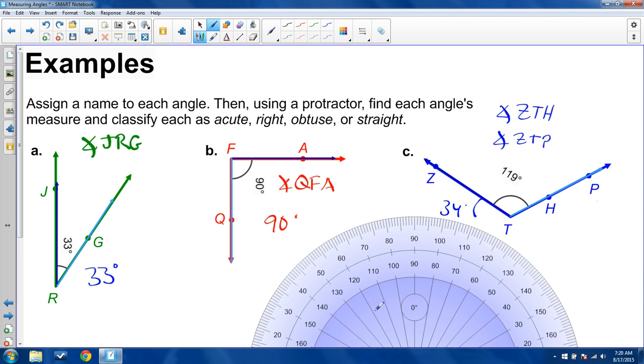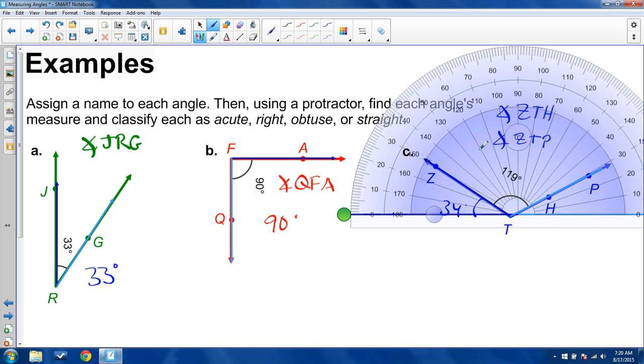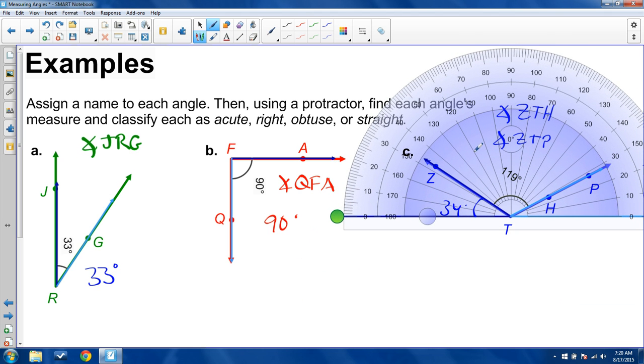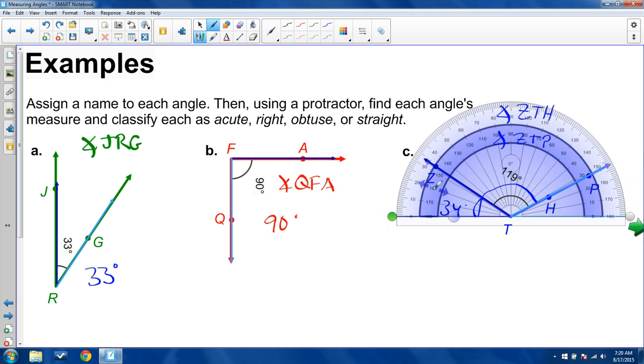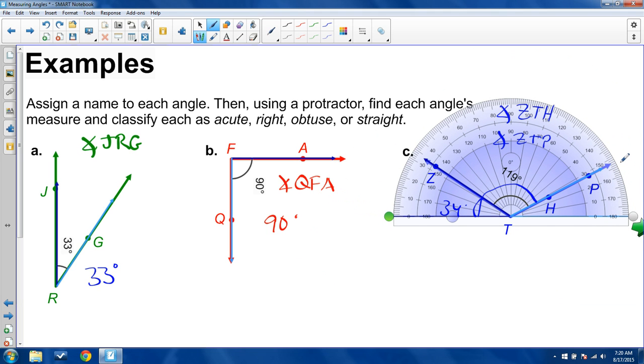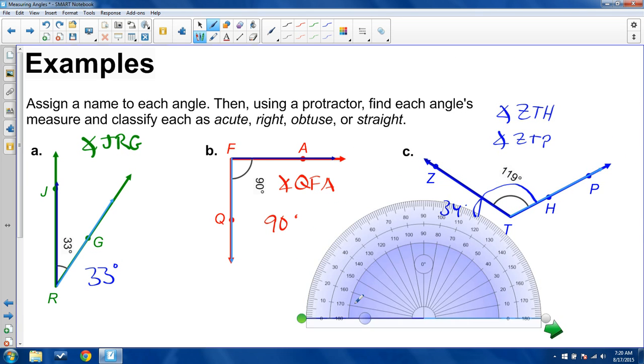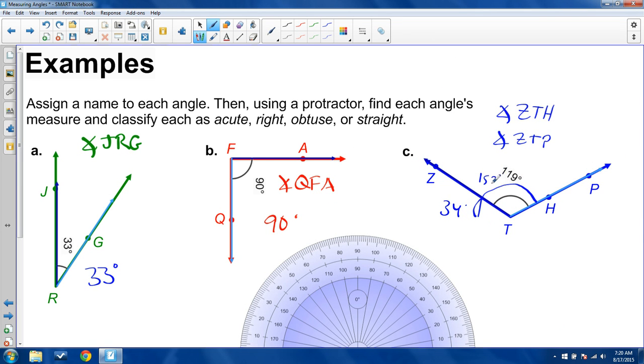Bringing it back, if I now go a little more over, all the way over here and show how much turn I got from 0 here, let's shrink this a little bit. Notice this one's at about 152 degrees. So this one here is 152.